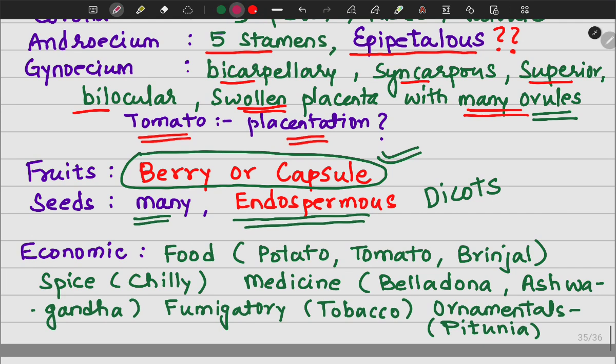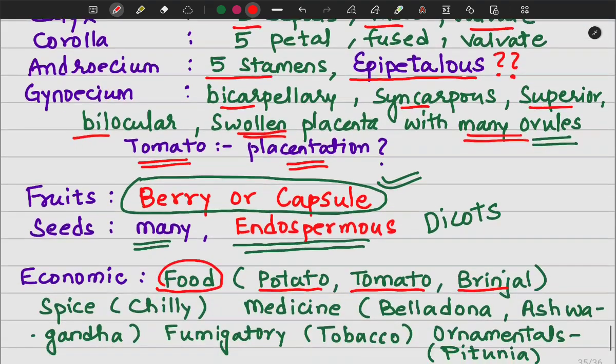So most of the plants of the Solanaceae family are a source of food. Examples are potato, tomato and brinjal. These examples are easy to remember because we studied potato when we talked about the stem vegetative characteristic. Potato is a modification of stem.